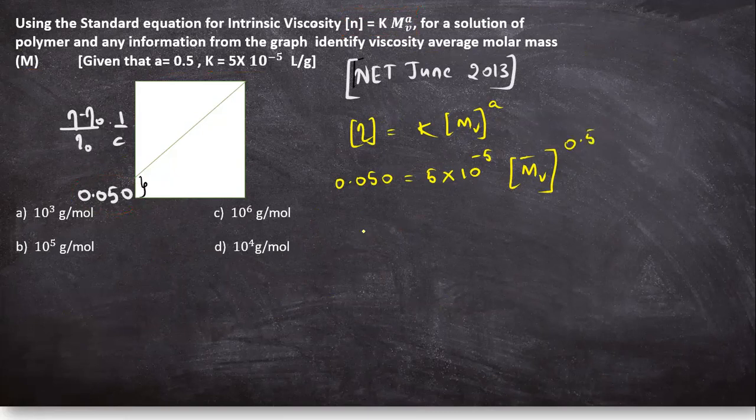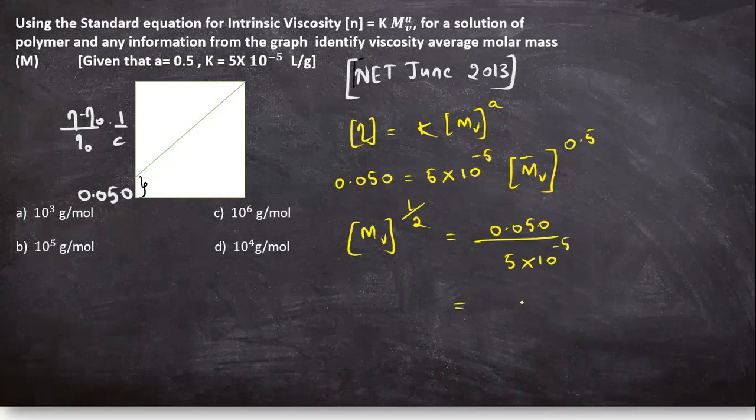So Mv raised to 0.5 I can write as 1 by 2. So 0.050 divided by 5 into 10 raised to minus 5. Can I write 0.050 as 5 into 10 raised to minus 2, divided by 5 into 10 raised to minus 5? Simply cancel 5 by 5.